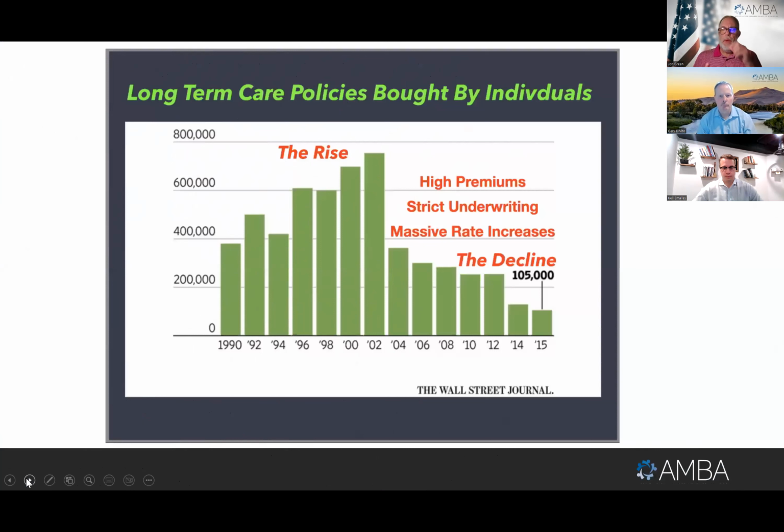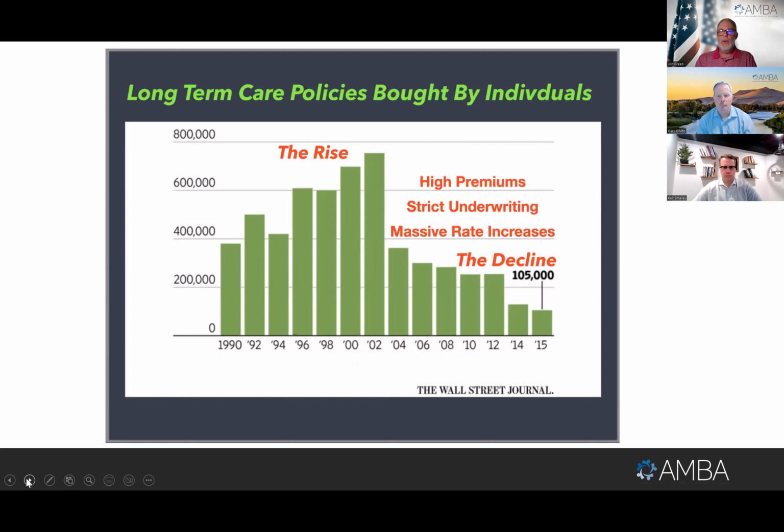To catch you up from a historical perspective, many of you probably purchased a long-term care plan, either through your school, through a group plan, or possibly through an individual offering at some time. Back in the early 90s, we started to see a rise in long-term care policies being purchased by individuals, and all the way up until about the early 2000s, we saw a pretty sizable increase.